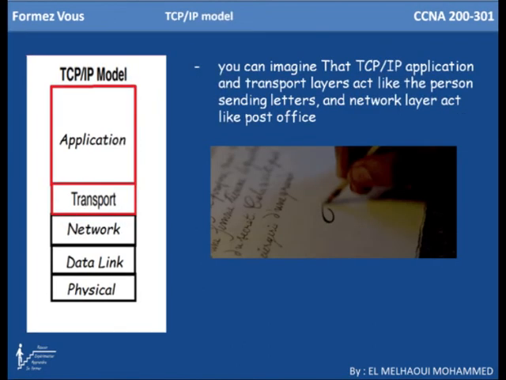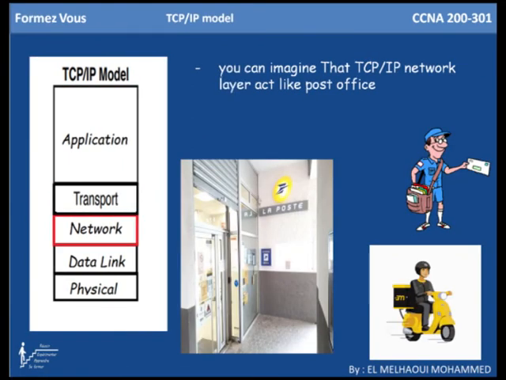To better understand this layer, you can imagine that the TCP/IP application and transport layers act like the person sending letters, and the network layer acts like the post office. The person sending the letter does not need to know the details of exactly what path the letters take, so the transport layer and application layer don't need to know anything about the topology or the routers.